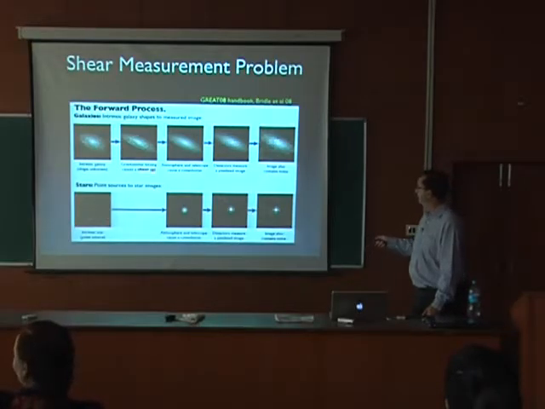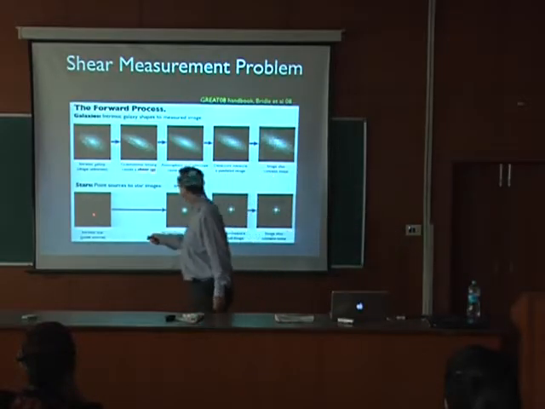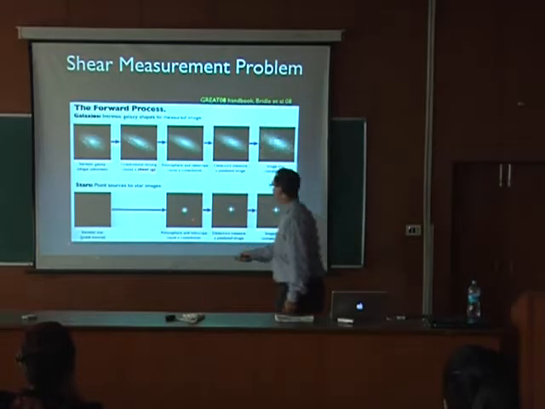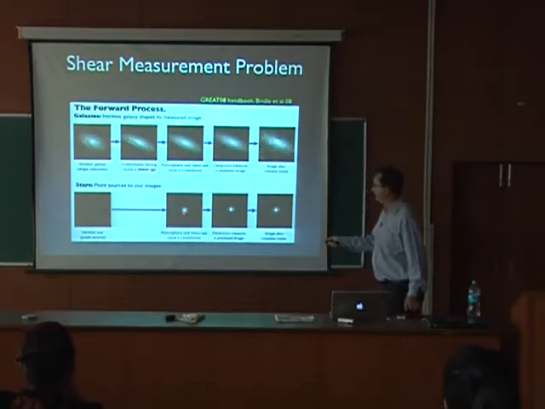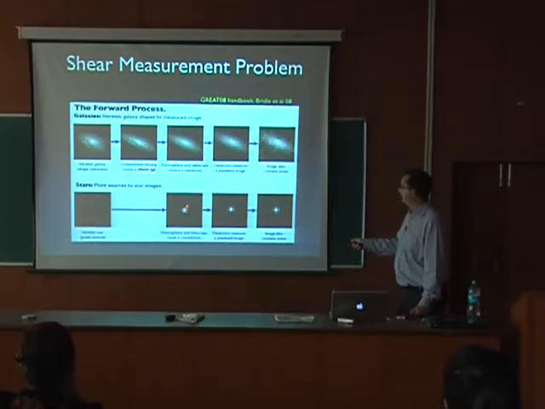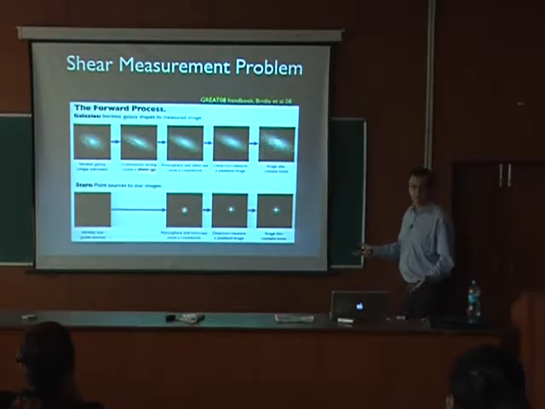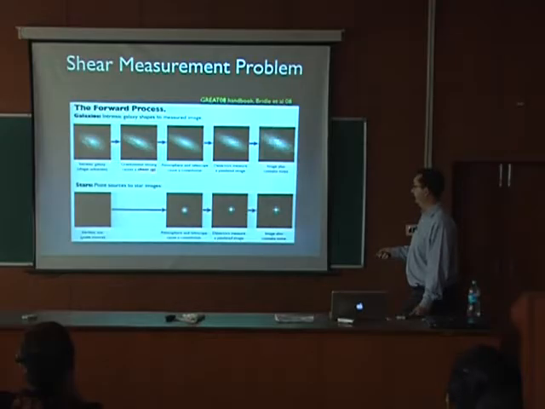And the stars, of course, go through some of the same steps. So if you have a star here, which is effectively a point source, I don't know if you can see it, it's a tiny little point here. It gets convolved, again, by the same atmosphere and the same telescope. Okay, so then its apparent shape is the point spread function of the measurement system.